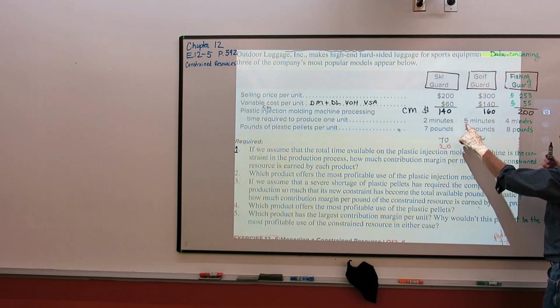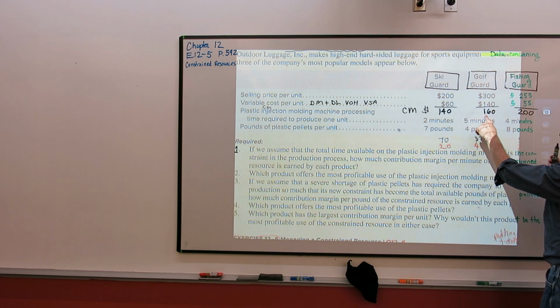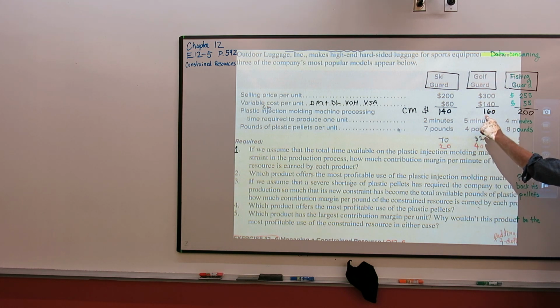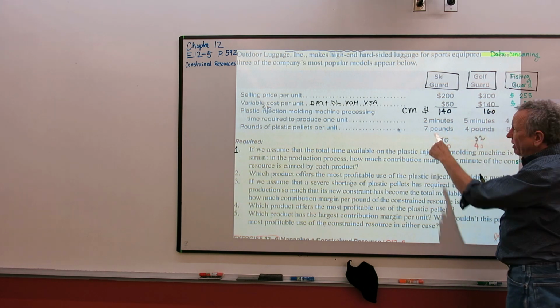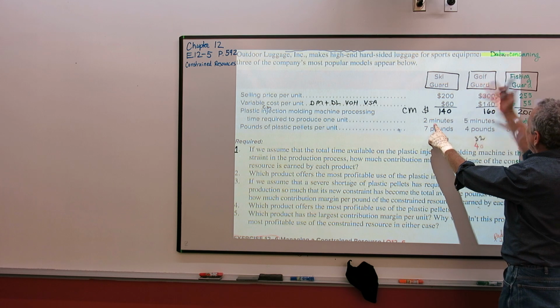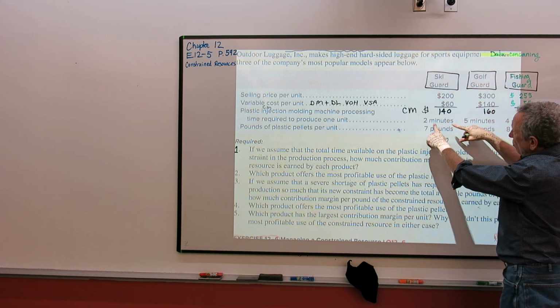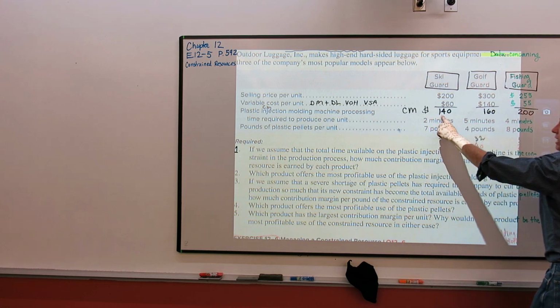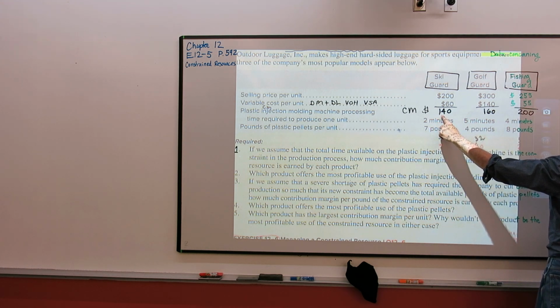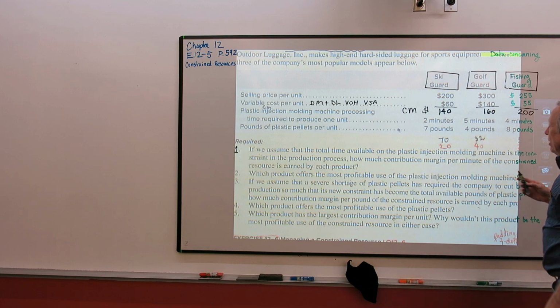In 10 minutes I can make 2 of these. 2 times 160 is $320. Well, that's pretty good. But look over here. If you only have 10 minutes left of production time, and you can sell as many as you make, in 10 minutes you can make 5 of these. 5 of these times 140 is $700. Look what just happened. Which one should you make?